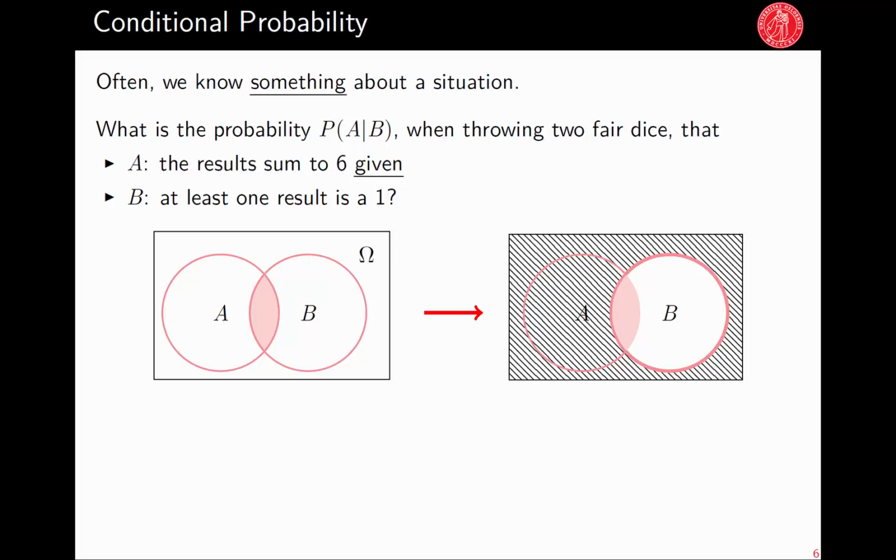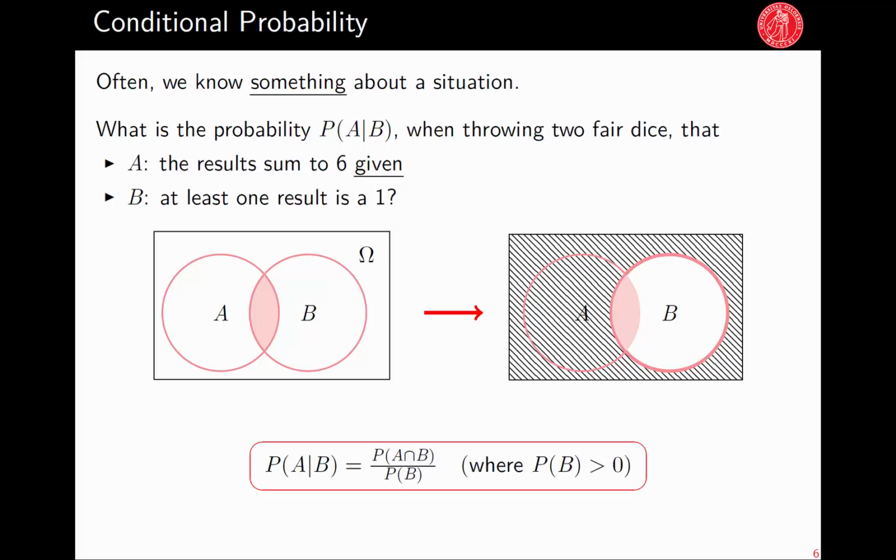Essentially now we know that we're inside of the B circle, and we're asking, given that B is true, what's the probability of actually landing in the intersection? That's generally going to be a higher probability.